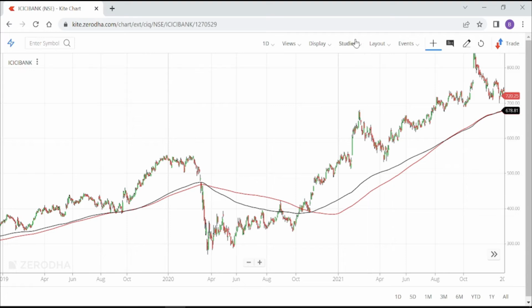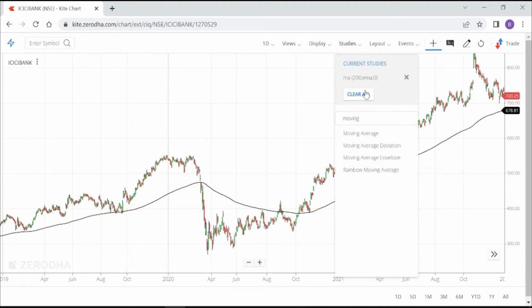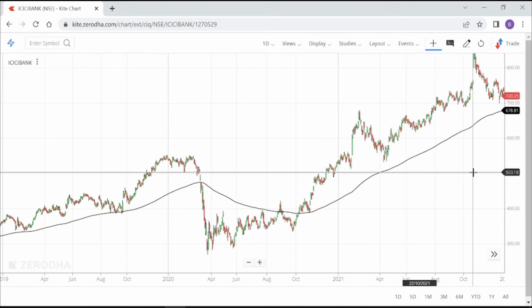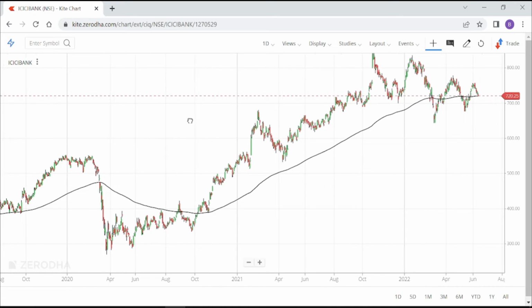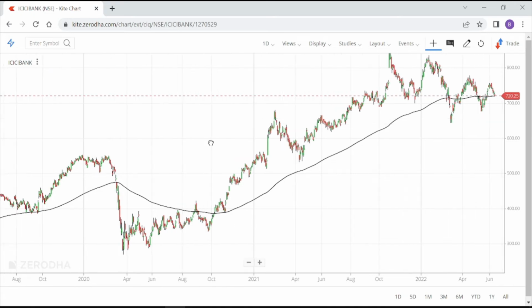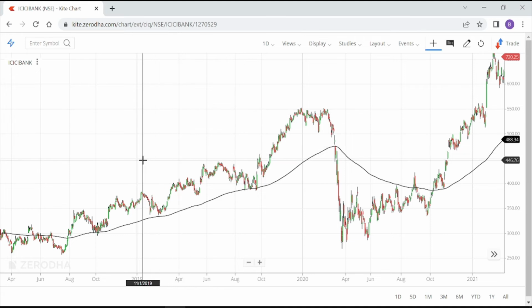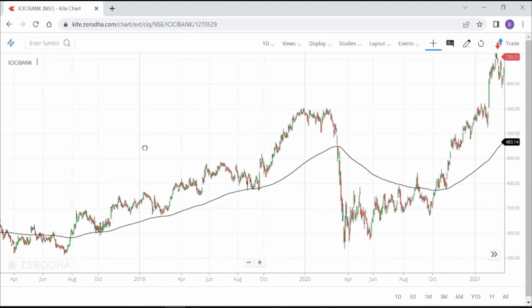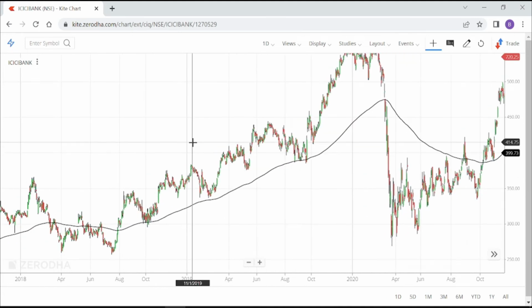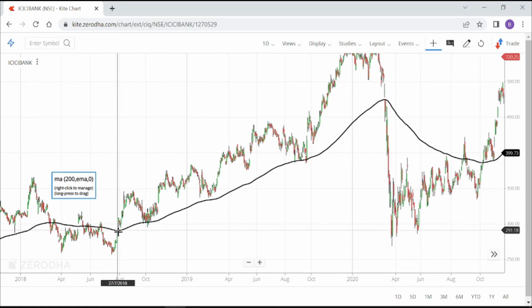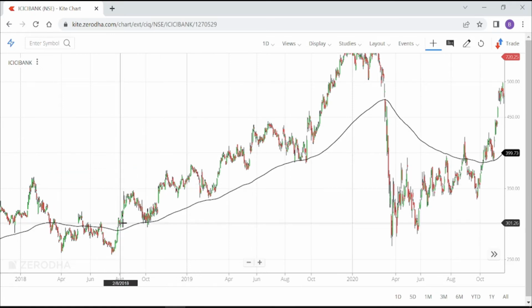Now let me remove one indicator to avoid confusion. Here you can clearly see, as we discussed at the start, that the moving average indicator helps us identify the trend and also acts as a support and resistance level. The stock has broken this level and moved upside.